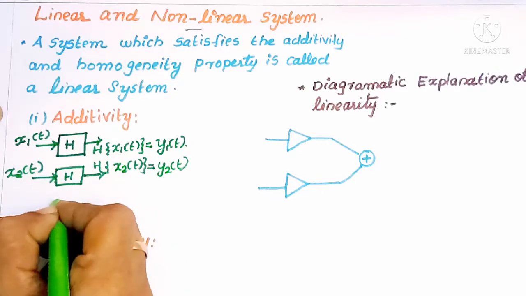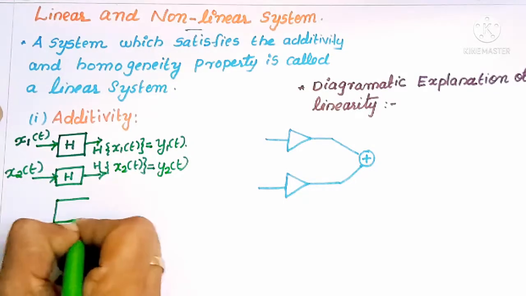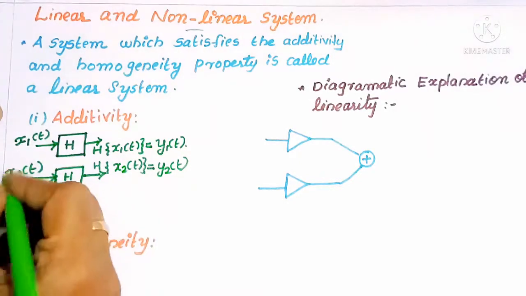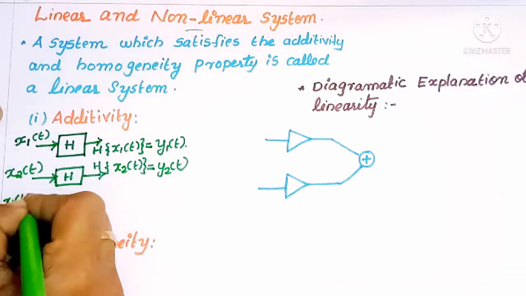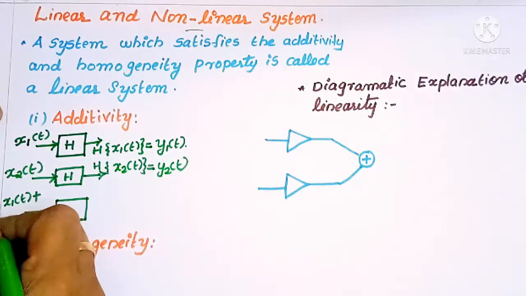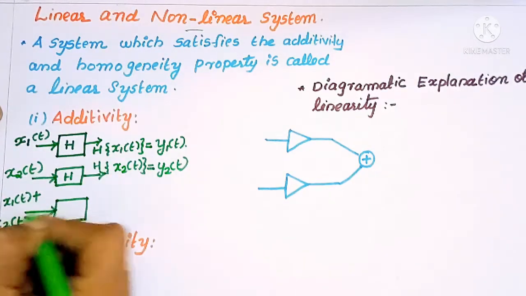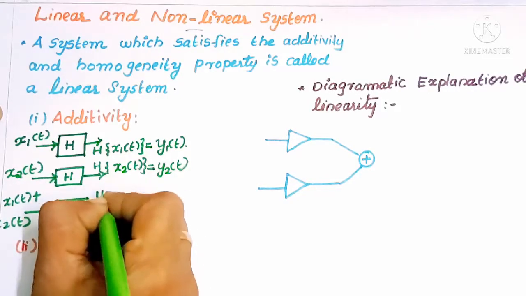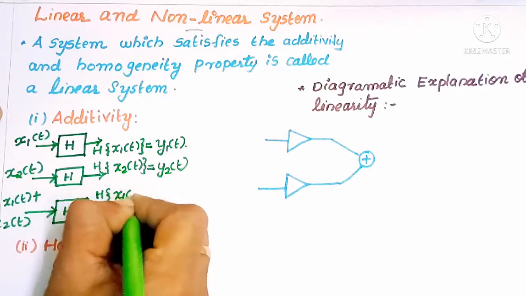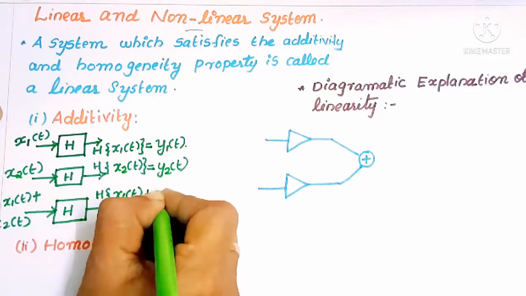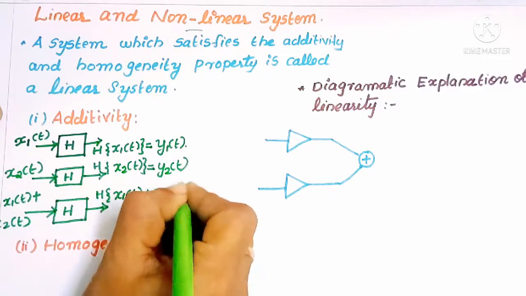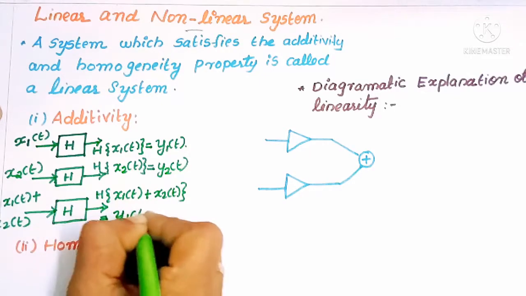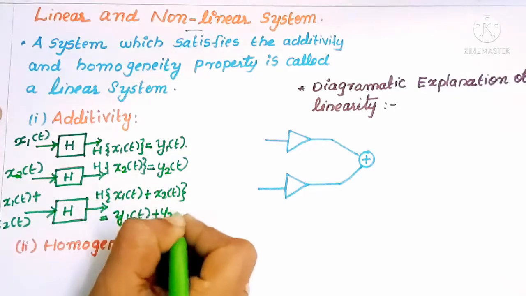Then we apply an added input signal, that means x1 of t plus x2 of t. The response of the system becomes h of x1 of t plus x2 of t, which should be equal to y1 of t plus y2 of t.